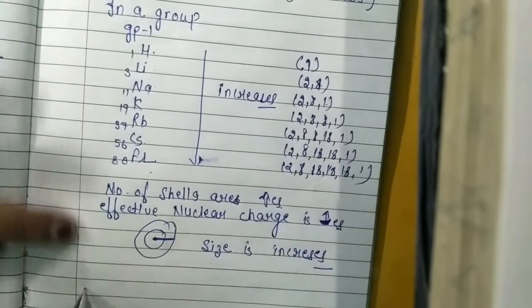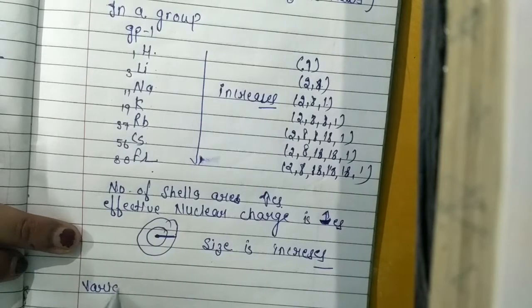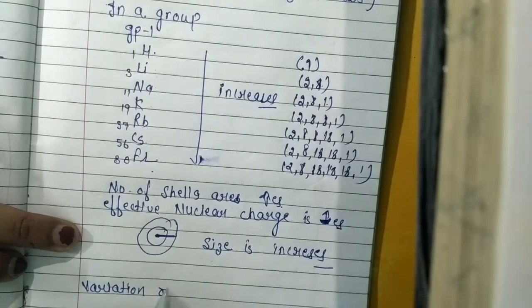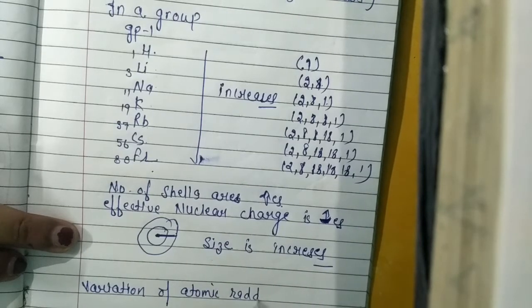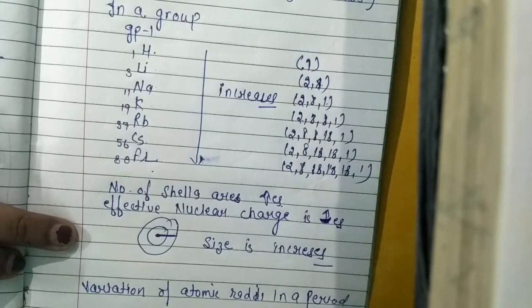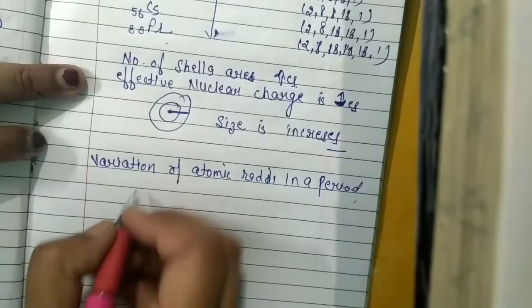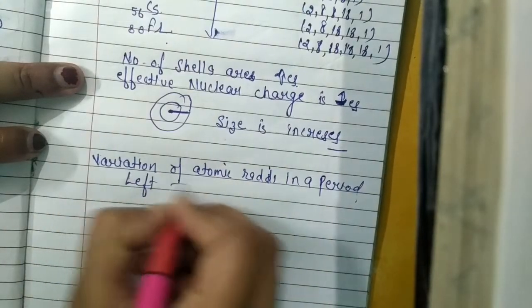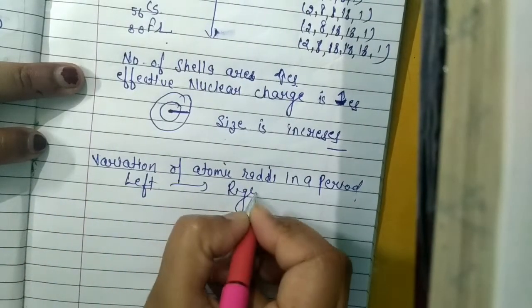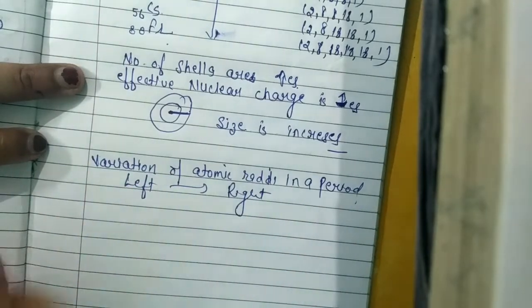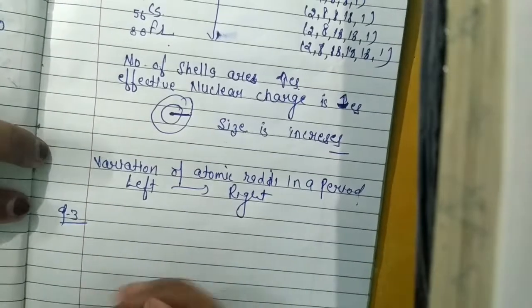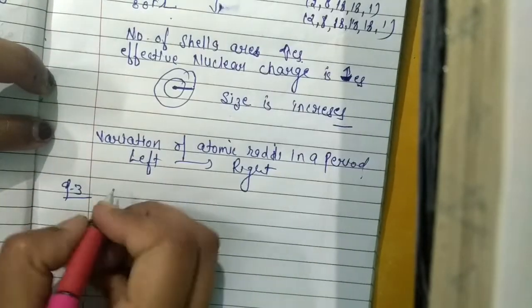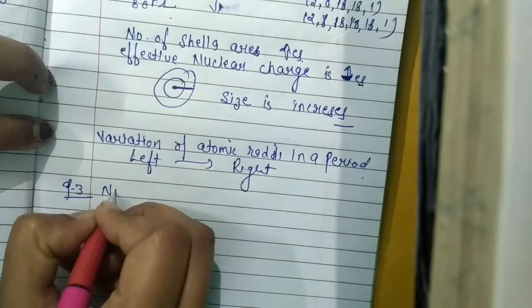Now, the second one is the variation of atomic radius in a period. We are moving from left to right. Taking the example of the third period, which elements are present in the third period?